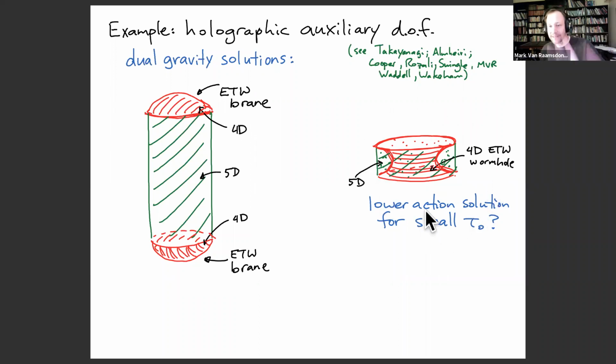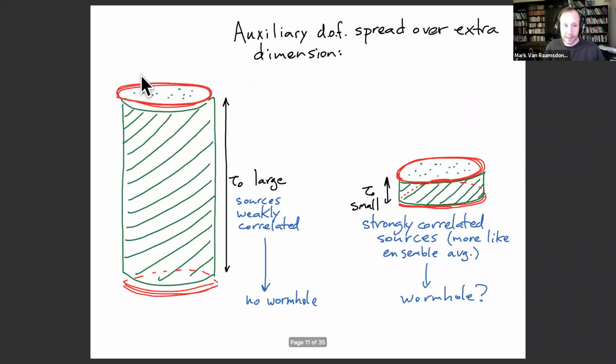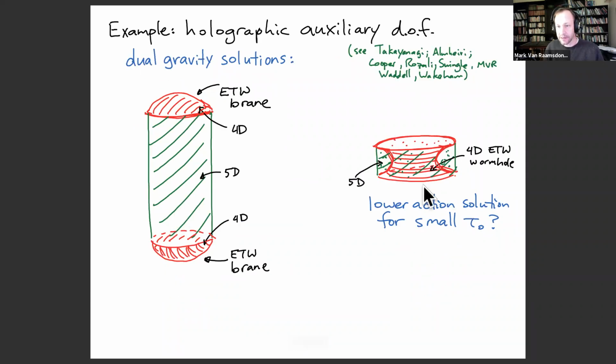And so this is the configuration that I'm interested in. You see in this second configuration, the red region, which is this end of the world brane, does have the geometry of a wormhole. And I'm going to argue that if there are a lot more degrees of freedom on the top and the bottom here than in the middle, then gravity is going to be localized to this wormhole.